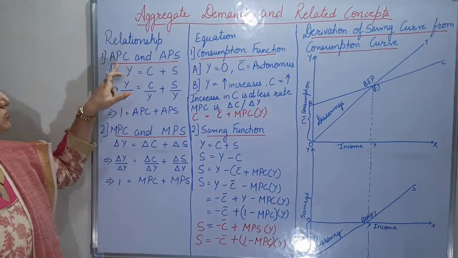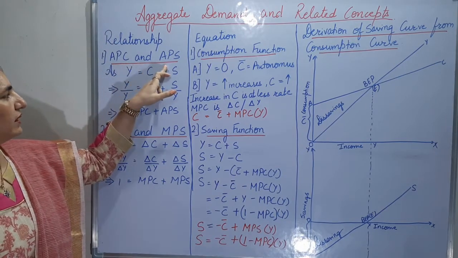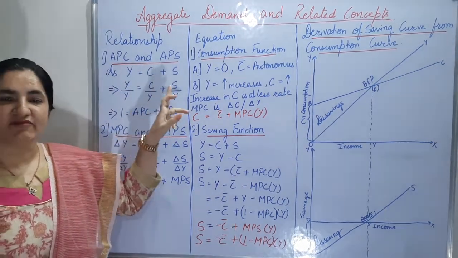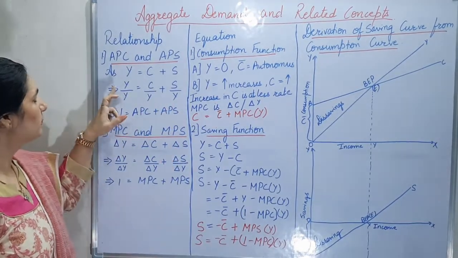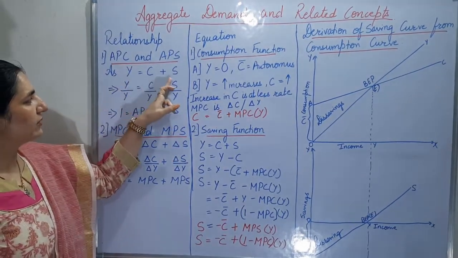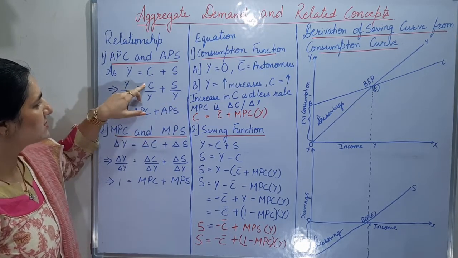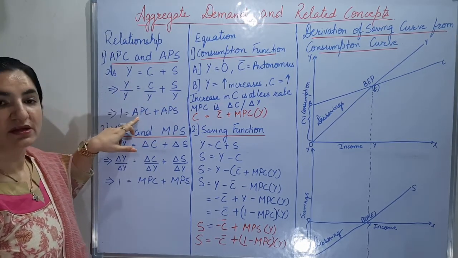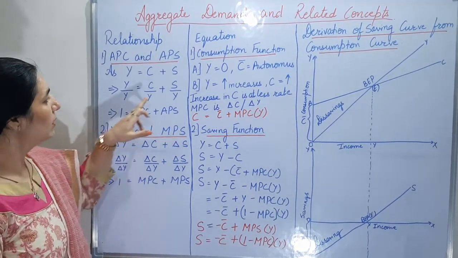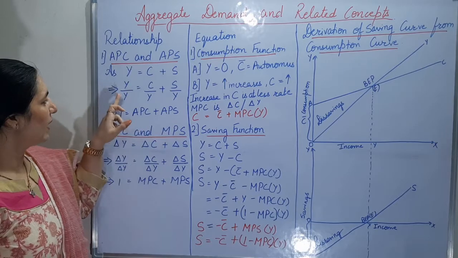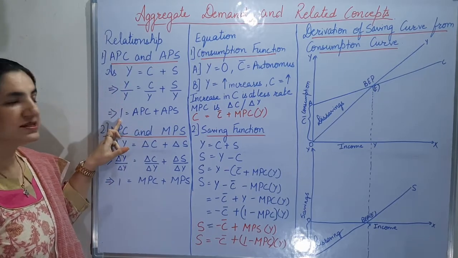First is the relationship between APC and APS. We know Y is equal to C plus S. This I have explained in the first video. When all the sides are divided by Y, we get C divided by Y, which is the formula of APC, S divided by Y, which is the formula of APS, and Y divided by Y is equal to 1.